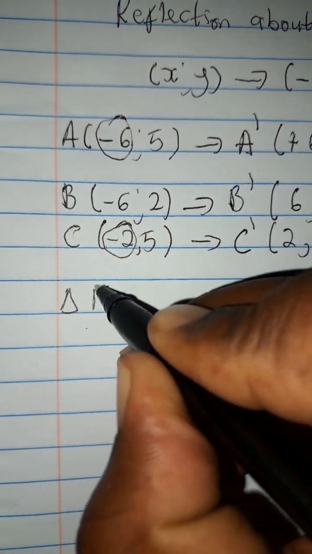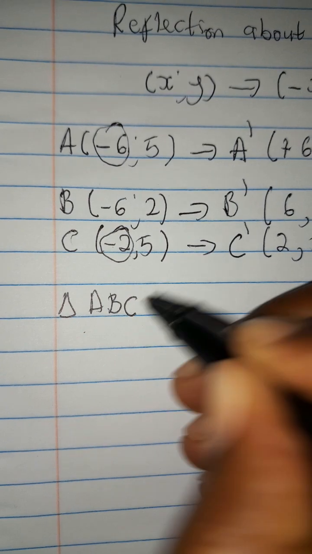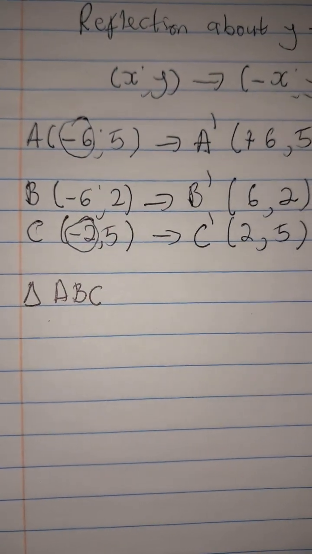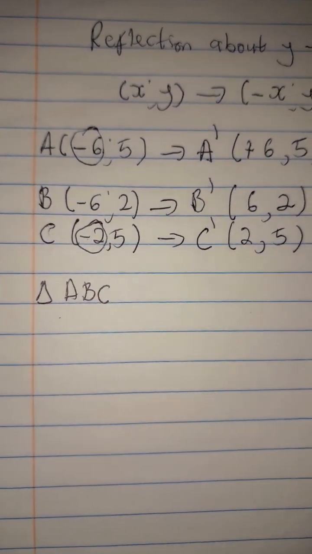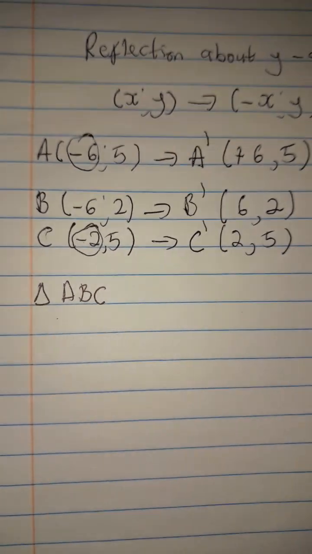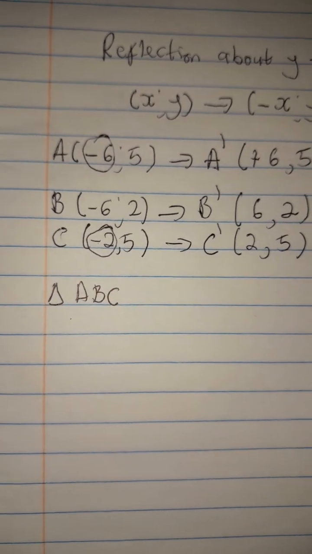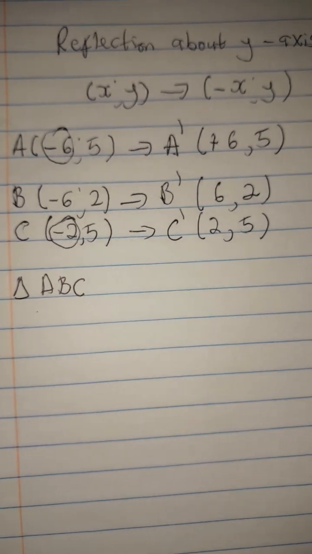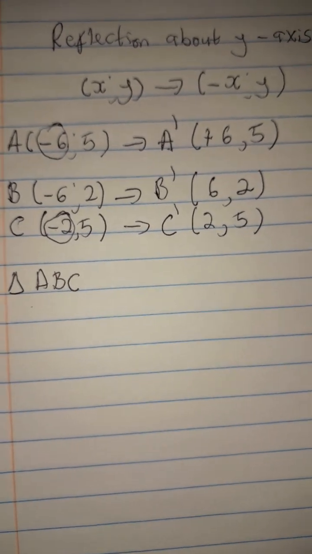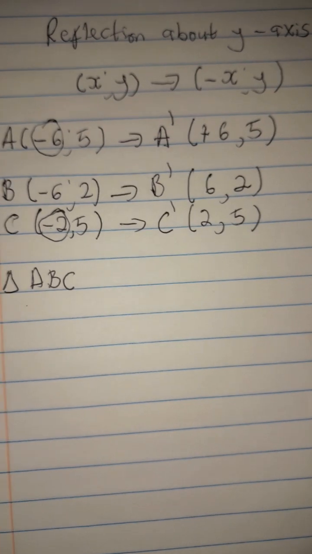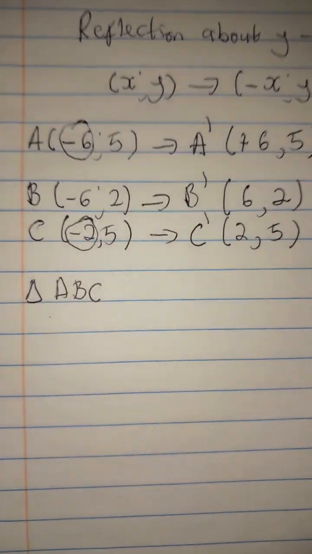It's not always triangles; sometimes we can work with a square. It depends on how many points they give us. If they give you 3 points, it will be a triangle, and if they give you 4 points, it will be a square.